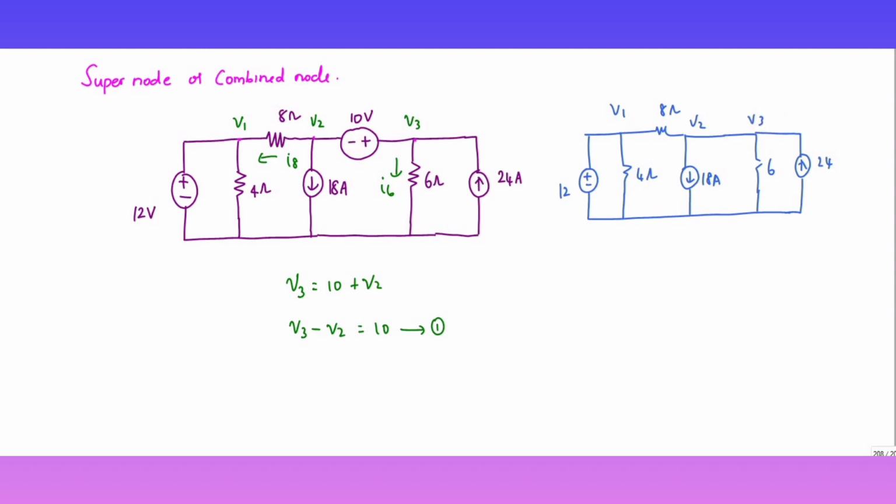At node V1, you can see there is a 12 volt source connected across V1. So V1 is equal to 12. So this is I7, which means I7 is equal to 12 divided by 4. That is nothing but 3 amps.